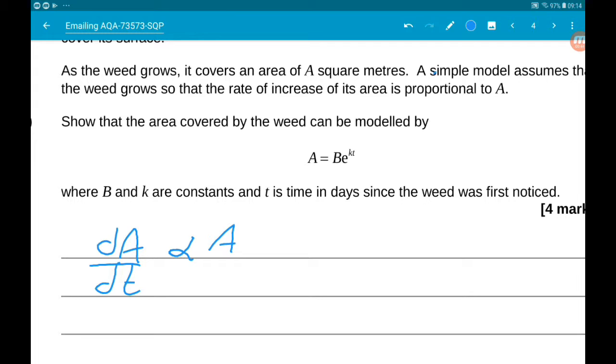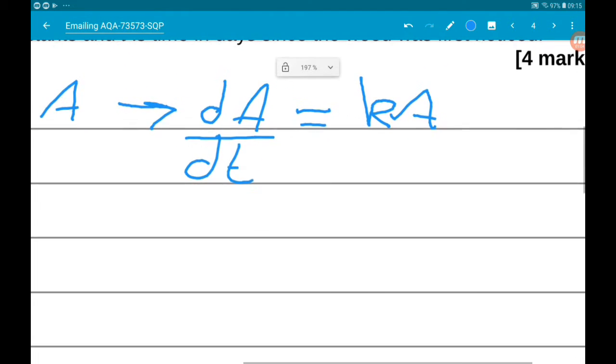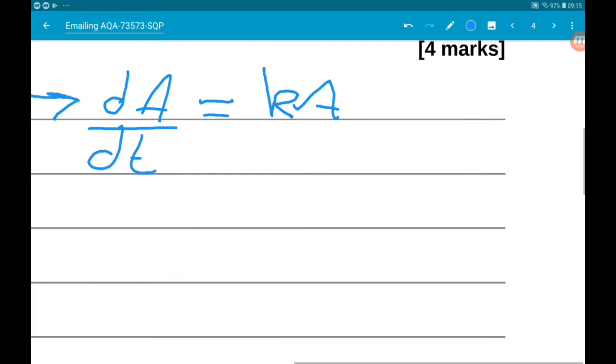Now in terms of a formula we can say that dA by dt is equal to some constant k times A. Now what we're going to do here is split the derivative and rearrange so that we've got everything to do with A on the left and everything else on the right.